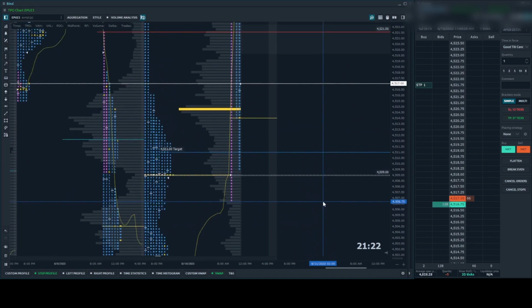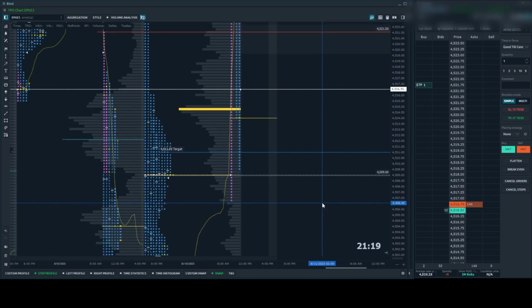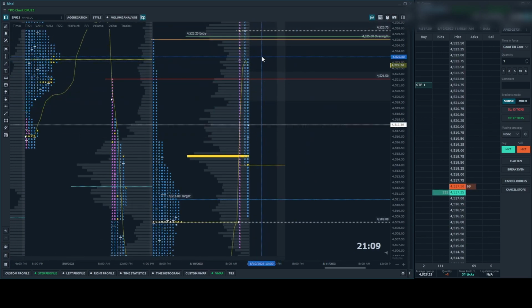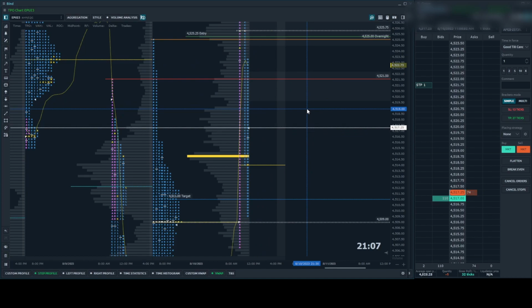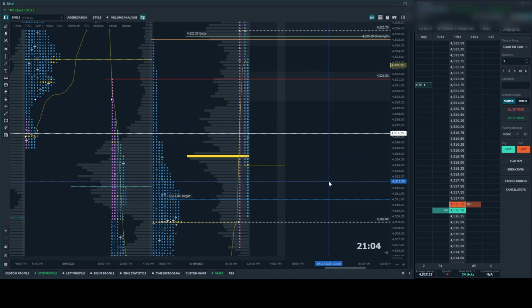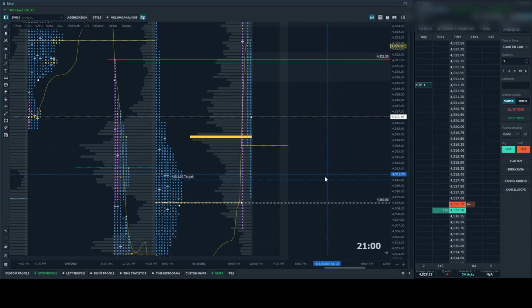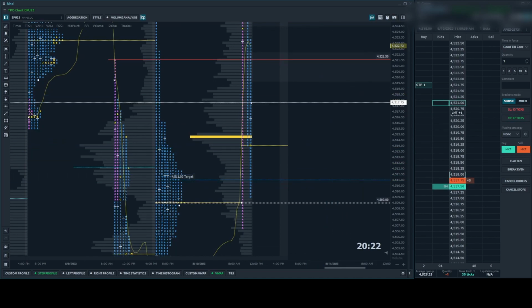Otherwise, there's no way I would be holding this right now. If we did get up into this area, you could actually add another contract and put your stop up over D. Might actually get a chance to do that.